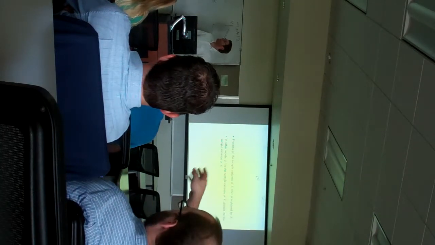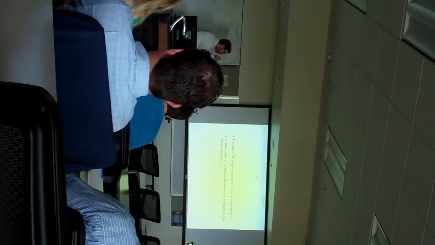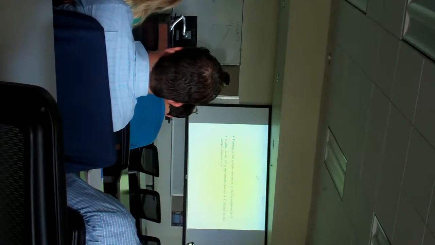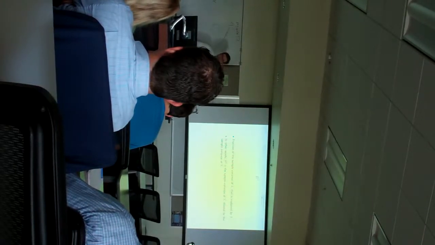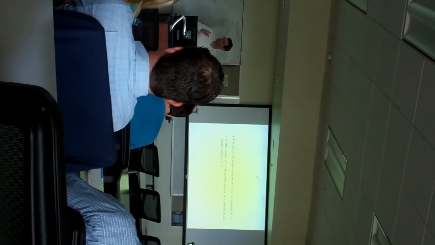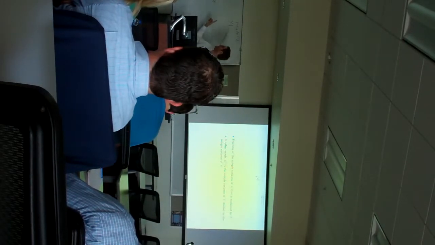R squared is about the fraction of the variance of y that is explained by x. All you have to do is take the variance of your predicted values and divide it by the variance of your actual data. That's just another way to capture how much of this movement in y corresponds to movement in x. In this case, all of this movement in y is explained by movement in x.